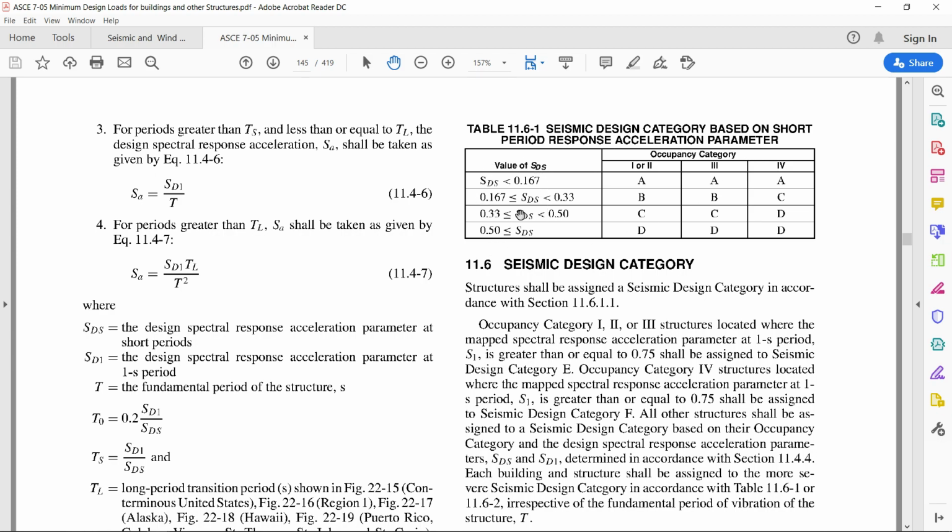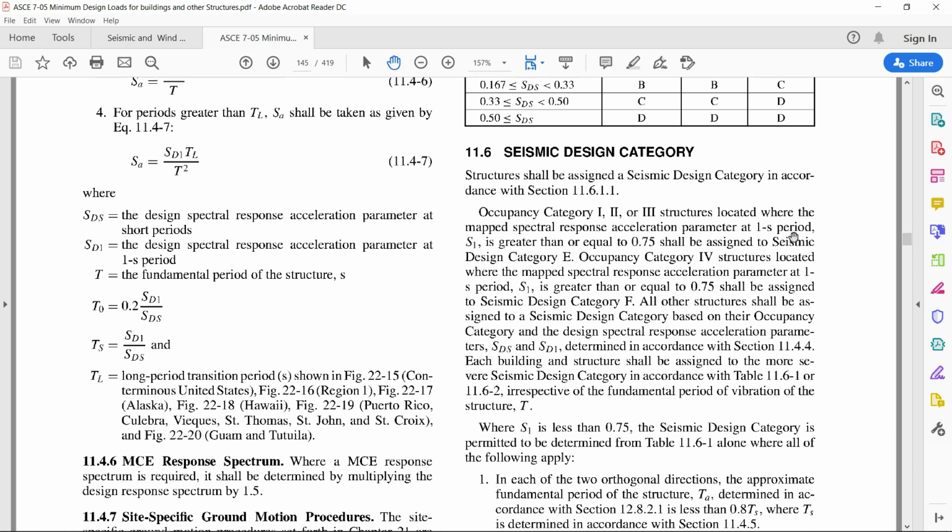So the value of SDS is there, and based on the occupancy category 1 or 2 and 3 and 4, we can check whether our structure falls under category A, B, C or D. Now the question is, where is category E and F?